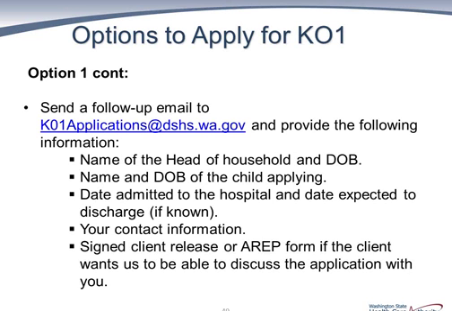The name of the head of the household and the date of birth, the name and date of birth of the child or the adult that's applying, the date admitted to the hospital and the date expected to be discharged, if you know that, obviously your contact information, and if the client wants us to continue to be able to discuss the application with you, we would need a signed client release or authorized representative form. But when you send that to us, that goes directly to our long-term care specialty team, and then we can flag that to follow up and look for that application coming through the Health Benefit Exchange.